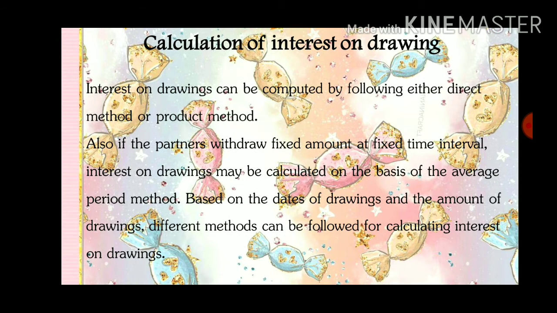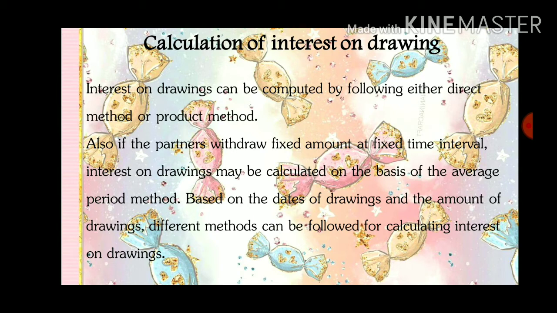Next we can see the calculation of interest on drawings. How do we calculate interest on drawings? Interest on drawings can be computed by following either the direct method or the product method. Also, if the partners withdraw a fixed amount at fixed time intervals, interest on drawings may be calculated on the basis of the average period method.